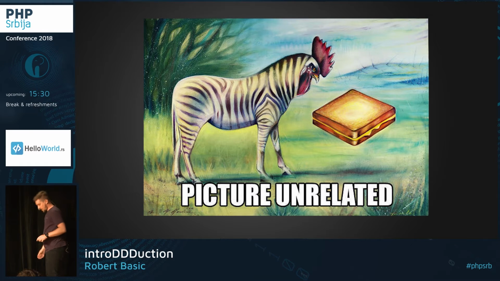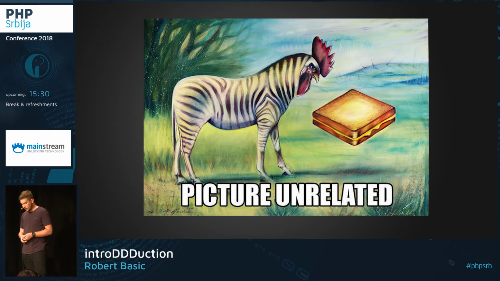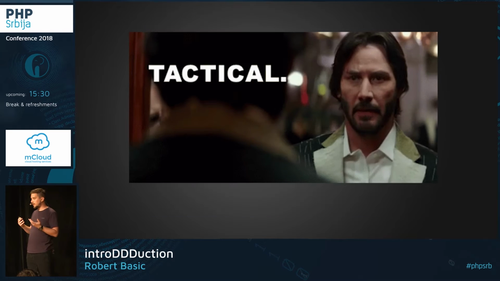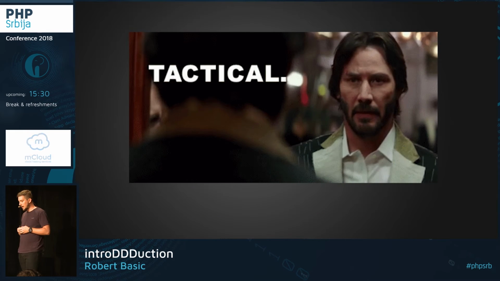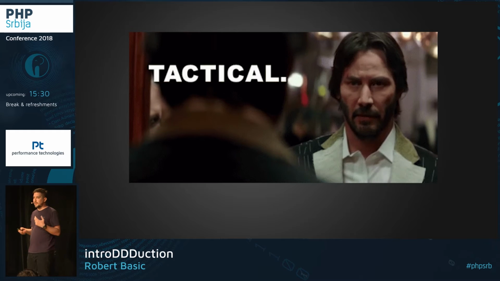So, as pretty much everyone else, the first thing I started learning about domain-driven design is the one part of domain-driven design which is called tactical domain-driven design. And that's the part that deals with entities and value objects and aggregates and repositories, factories, services, domain events, all those things that we can call code.